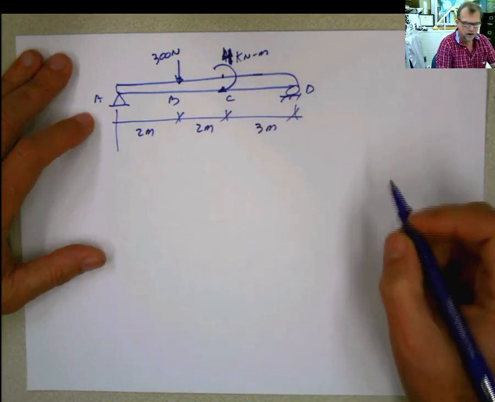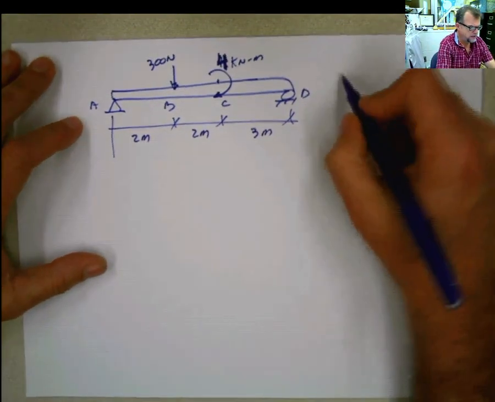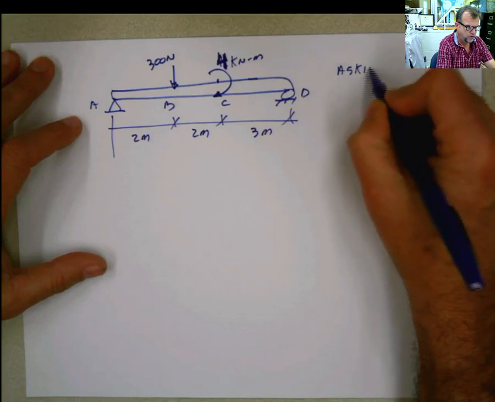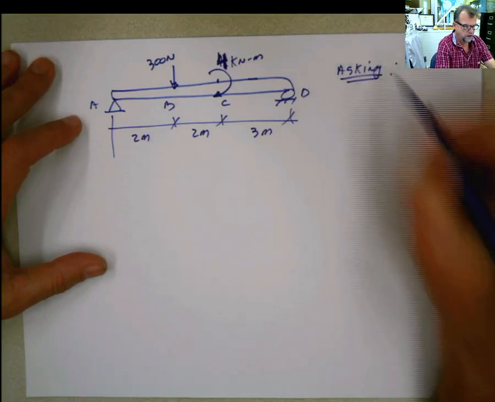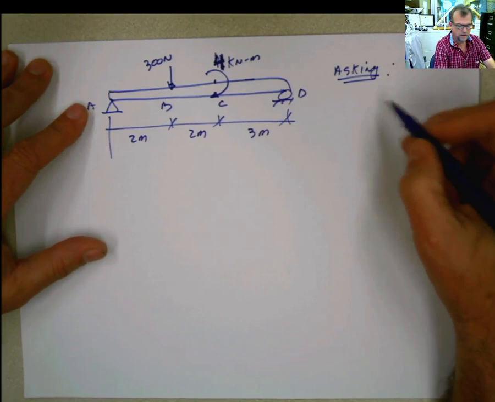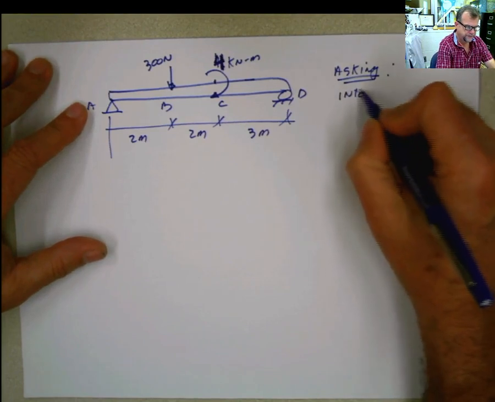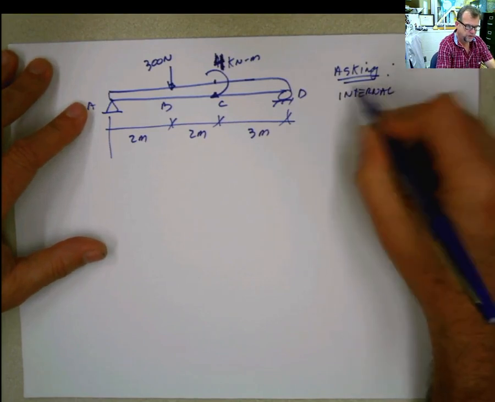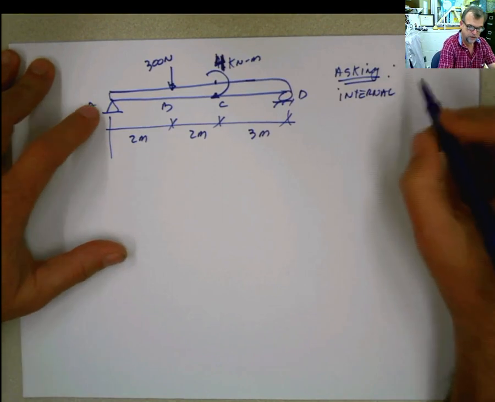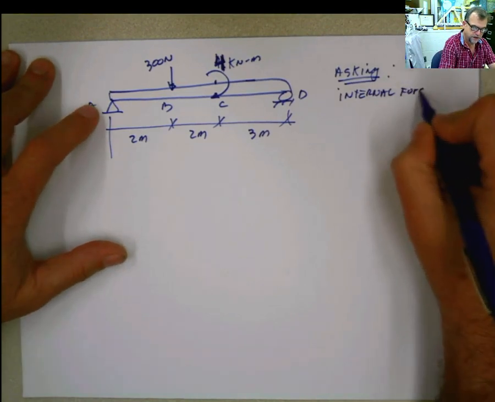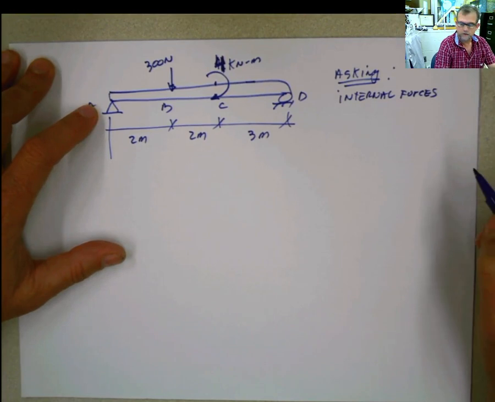And guess what the problem is asking you to do? Calculate the internal forces. Weird, right? We are talking about internal forces, and the problem asks you to calculate internal forces. Calculate internal forces at what points?